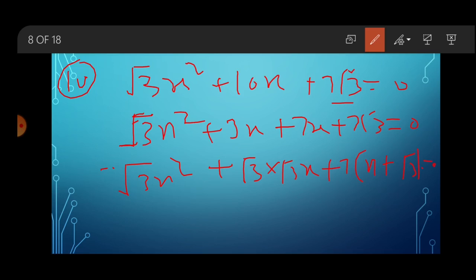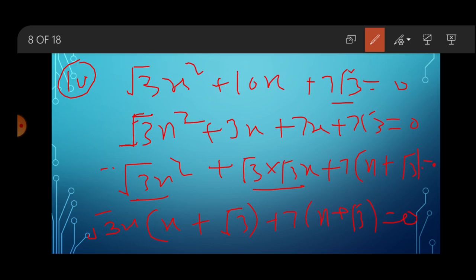Now you can easily have common from these two terms. So root 3 x is taken as the common, so it will become x plus root 3, plus 7 (x plus root 3) is equal to 0.